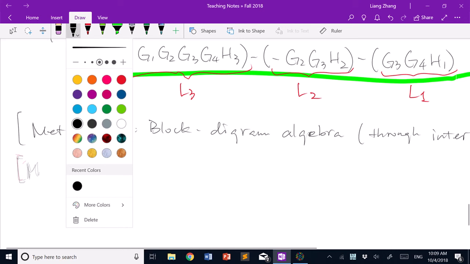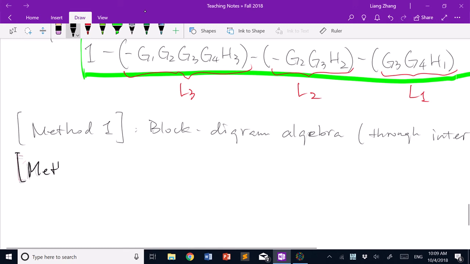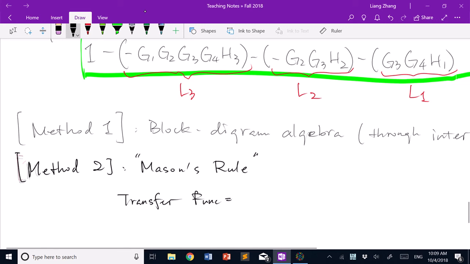So the other way is through that formula, direct path and loop gain. This is the method that we have. So there we go. Method number 2 is through the formula. This is what we call Mason's rule. Okay, this is a new name apparently.